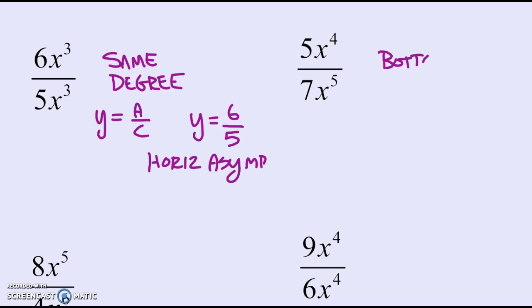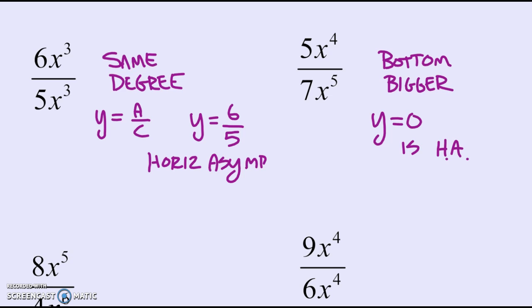Bottom bigger. If the bottom's bigger and you plug in a super large number, it's going to be a small number over a very large number eventually. And what's going to happen then is it's going to trend towards what number? 0. Okay? So y equals 0 is HA.